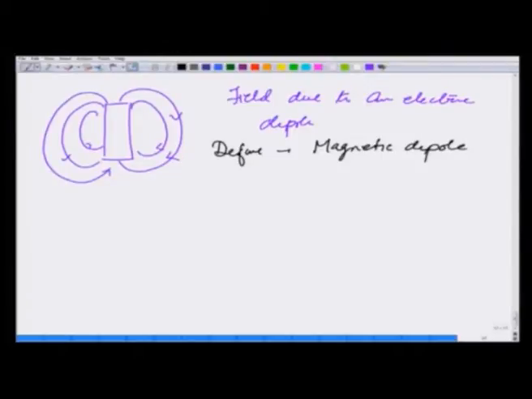All right, and I can say that magnetic field, which I am going to denote by B of r, is going to be some constant which will depend on the units, times 3 (m dot r) r minus m, divided by r cubed.